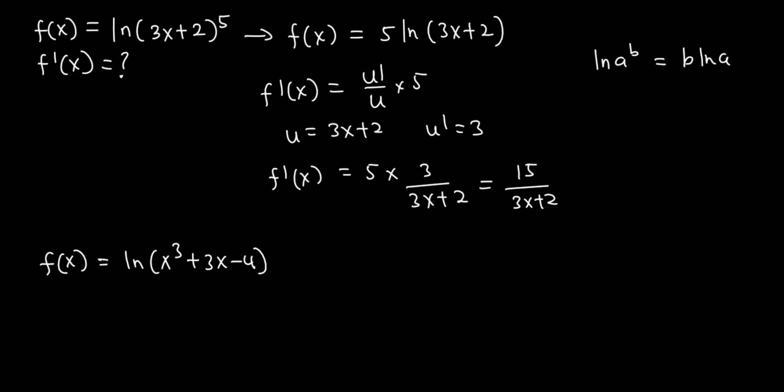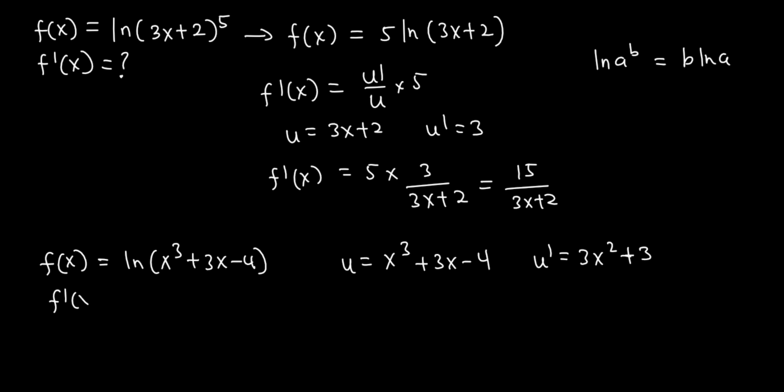You will take u to be equal to x cubed plus 3x minus 4. Now let's find u prime. u prime will be equal to 3x squared plus 3. And you know this 4 is a constant, so its derivative will be 0.